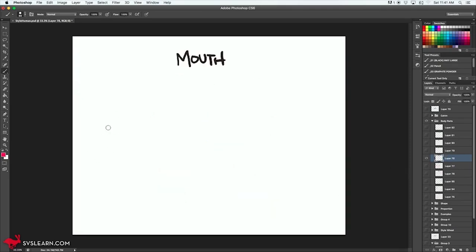Okay, a mouth, another really complex body part. It's got lots of little pieces to it. And here I've just made a generic one, right? Which is much more figurative.